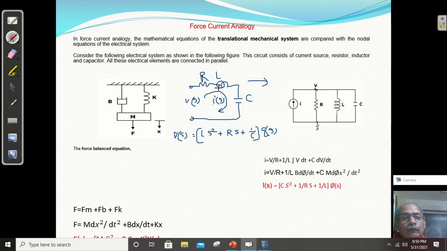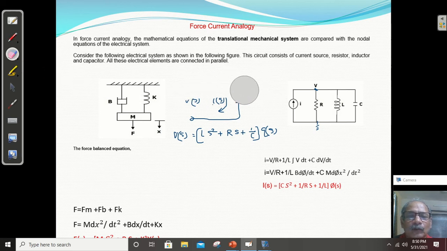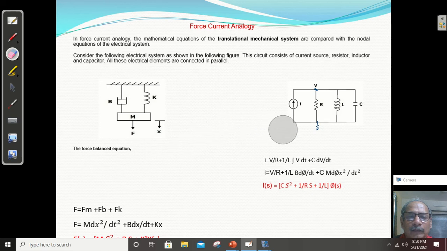R will be converted to 1/R like that. L will be C or C will be L. So in this way we will get the equation. Anyway, I'm not going to discuss this, it is nothing but a dual circuit. So forget it. I'm going to develop the force current analogy.